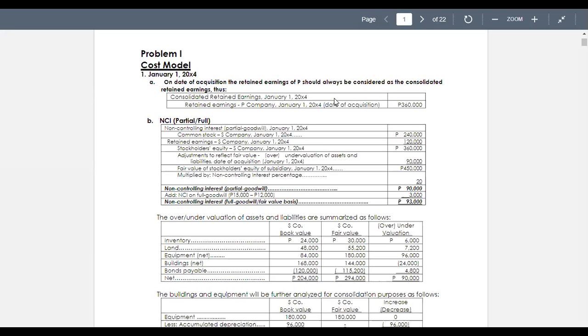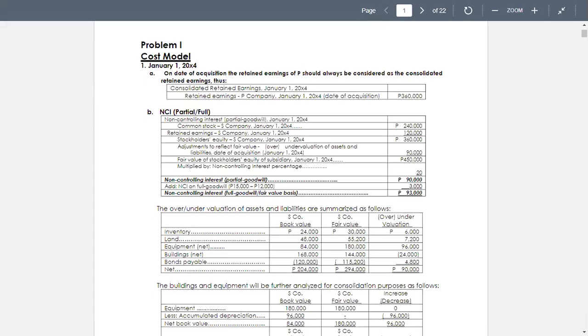The third requirement is letter C, where we have to determine the shareholders' equity. Requirement C, consolidated stockholders' equity. Now, as we move on, going down, the over or undervaluation of assets and liabilities are summarized as follows.